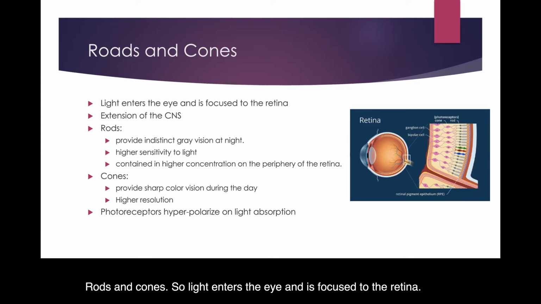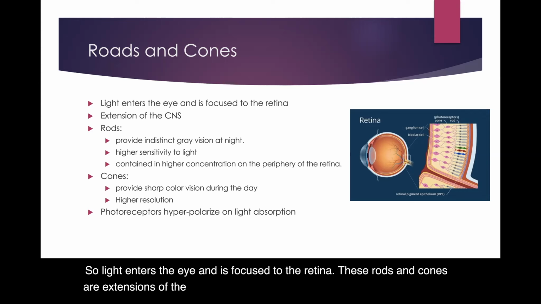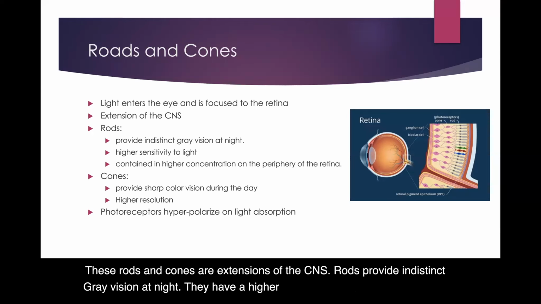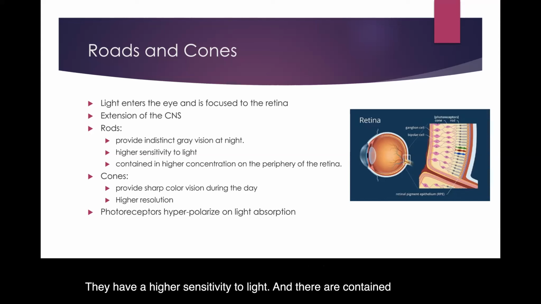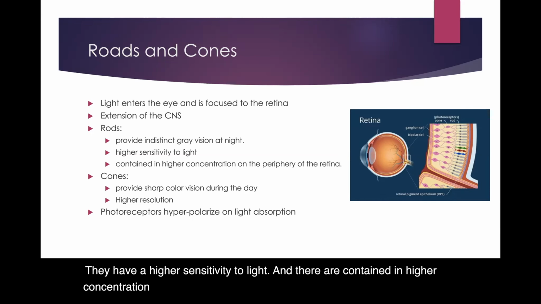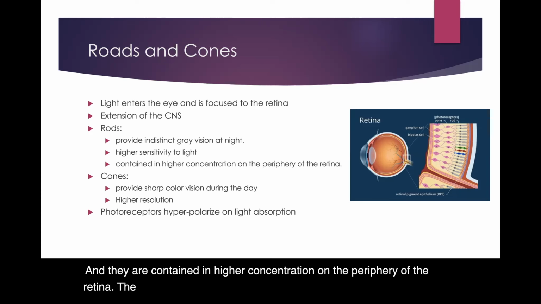These rods and cones are extensions of the CNS. Rods provide indistinct gray vision at night. They have a higher sensitivity to light, and they are contained in higher concentration on the periphery of the retina. The cones provide sharp color vision during the day. They provide higher resolution.